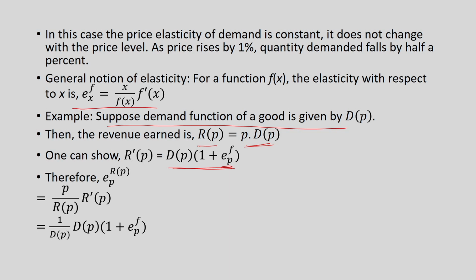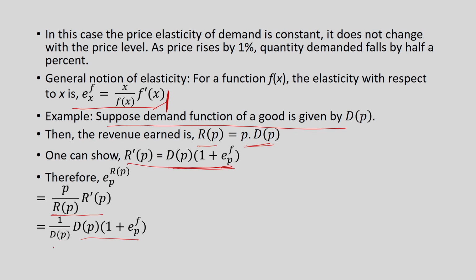Therefore, E_R,p, that is the elasticity of the revenue with respect to price, is given by this particular expression, right. I am just using this formula here, and now you simplify this by using R prime p is given by this. So, I am substituting this here, right. And what is R(p)? R(p) is p multiplied by D(p).